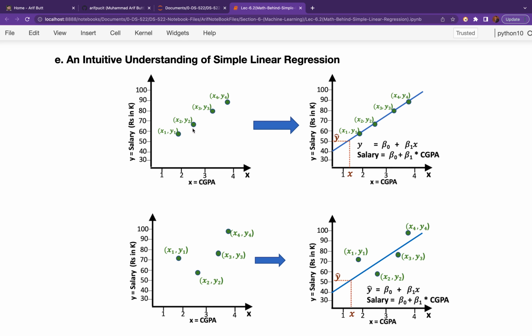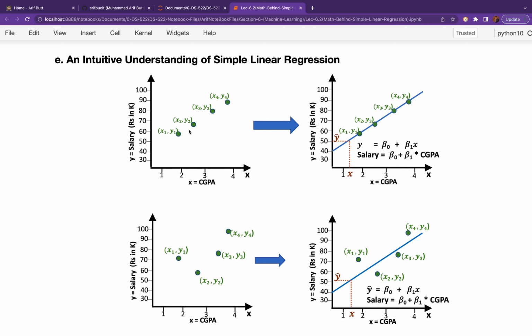Well, these four data points x1, y1, x2, y2, and so on to x4, y4 show the CGPA and salary package of four graduated students. Xi is the CGPA and yi is the corresponding salary package.